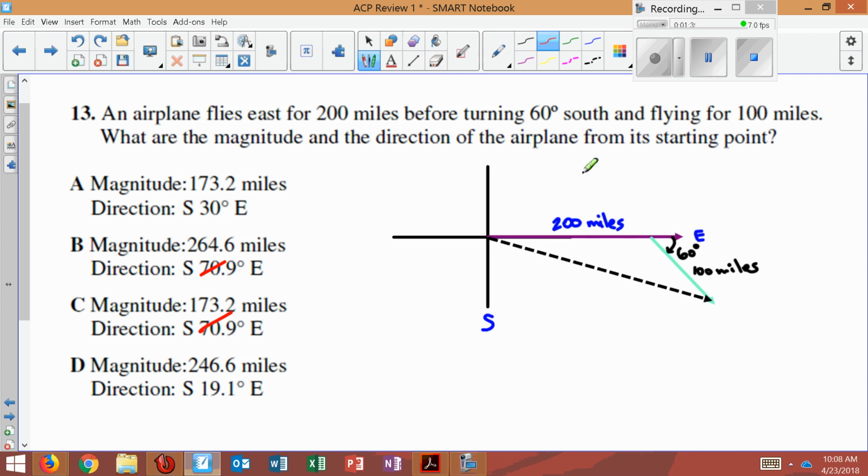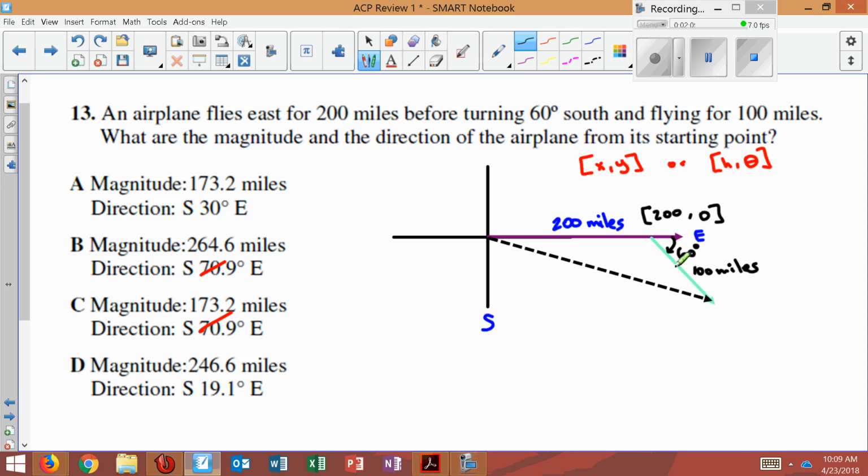So remember, now that we know vectors and polar work together, we can write a vector as an x, y value or as an h, theta value. We can write them either way, and all we have to do is add these together. Now, I think the first one is easiest to write in terms of x and y because I know it's going 200 to the right, which is positive 200, and it's not moving up or down, so it's just comma 0.